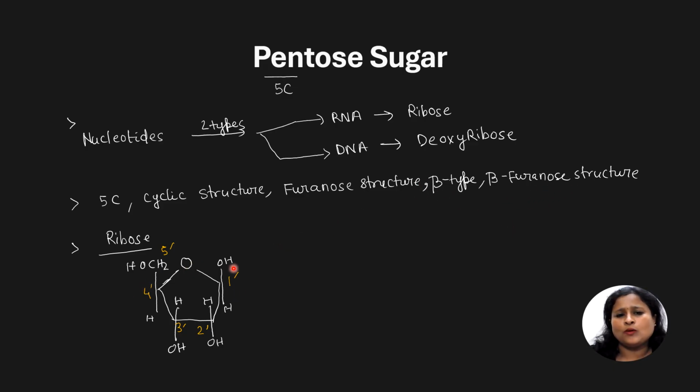If the OH group of the fifth carbon is pointed upward while the 1 prime hydroxyl group is pointed downwards, that type of structure is called alpha type structure. Here we have both pointed upwards, so this is called beta furanose structure. I hope that point is clear.